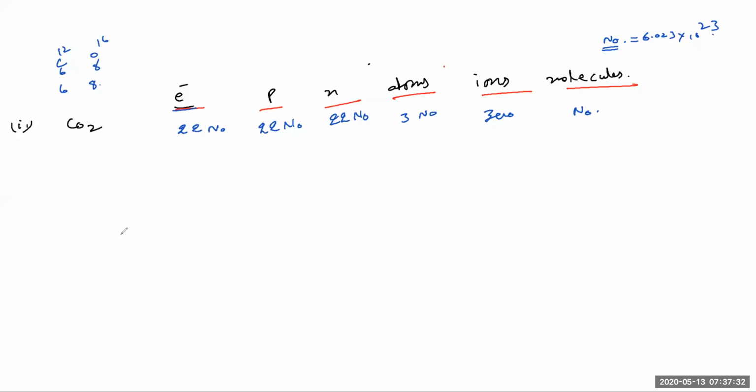Students, understood or not? Okay, now, the molecule is 1 mole only. Again, 1 mole means Avogadro number.